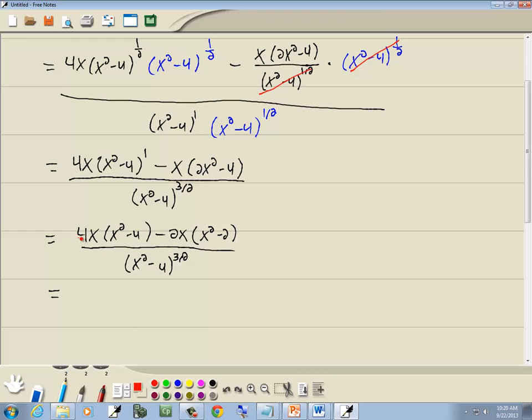Now this is considered one group, everything's multiplication, and this is considered one group, everything's multiplication. Now I could factor the x squared minus 4, that's x plus 2 times x minus 2, but I wouldn't be able to factor anything out of here, so it doesn't benefit us in this problem.